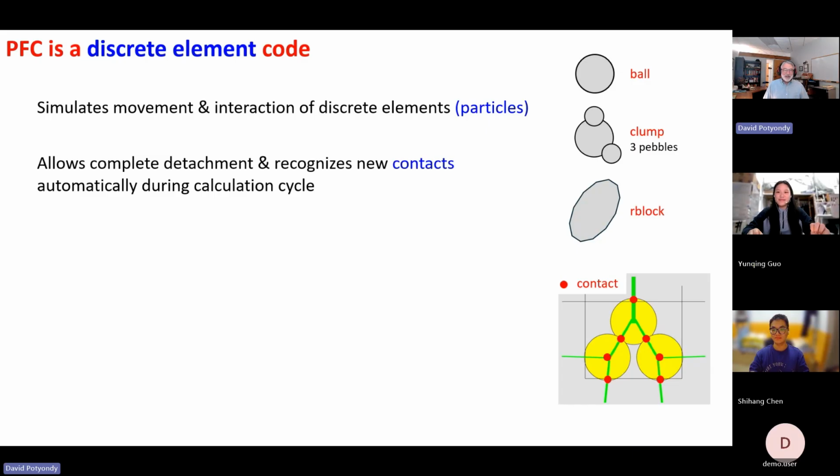Now, they're also going to really be able to move around, meaning that they might have started touching, but they can detach, and they can come towards each other, and suddenly they're overlapping. There's going to be a thing called a contact. And so this has to happen automatically, right?